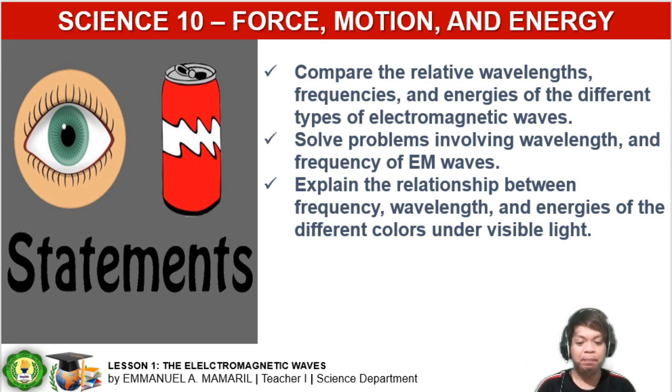And finally, I can explain the relationship between frequency, wavelength, and energies of the different colors under the visible light. So kanina, properties of the electromagnetic waves. This time, for the third I can statement, we're going to be comparing then the properties of the different colors under the visible light. So let us start.